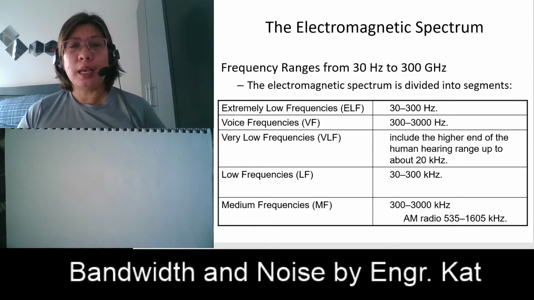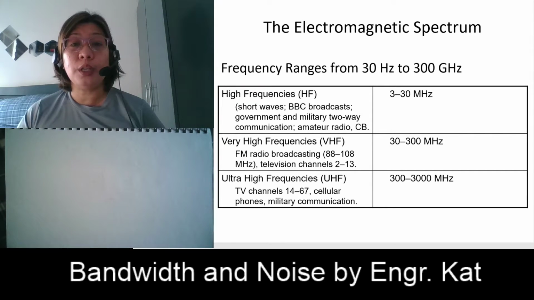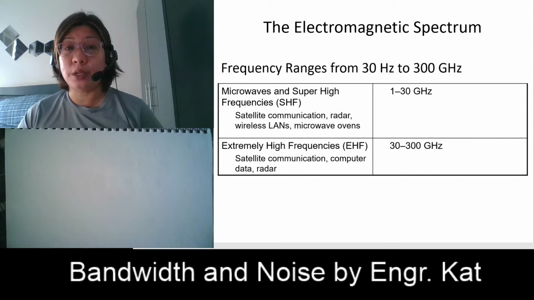Okay, so again, you have here the higher end of the human hearing range, which is 20 kilohertz. Okay, so we have this a while ago. So I have to skip up to this now. So we have here your FM broadcasting and your channels 2 to 3, channels 14 to 67, and your cellular phones under the ultra high frequency range.